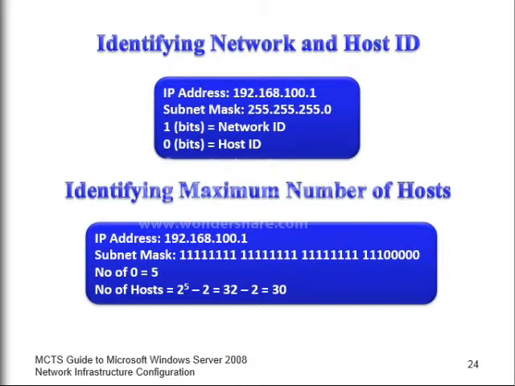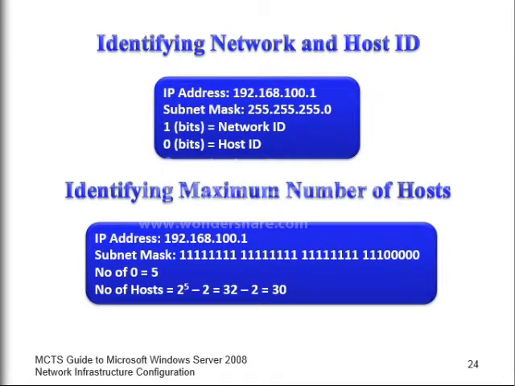If we extend the mask to 255.255.255.224 instead of 0, that means you have taken 3 bits from the original host portion of the address and used them to make subnets.